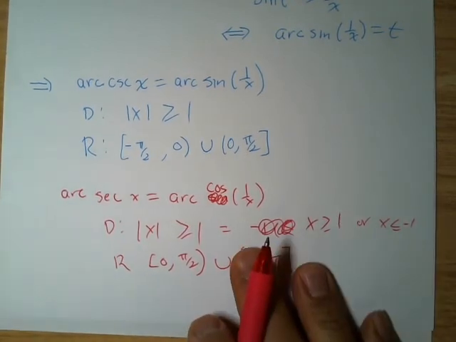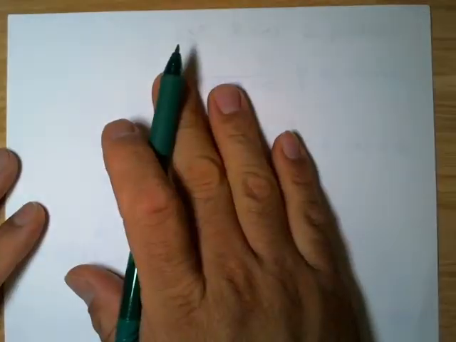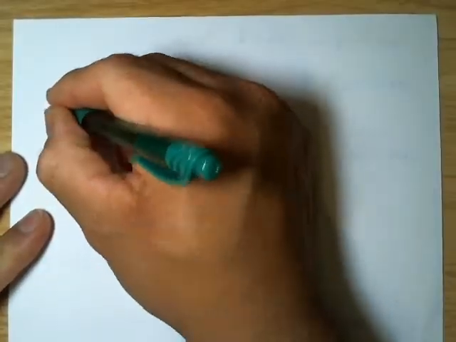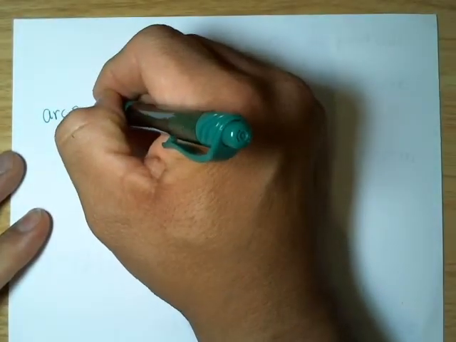All right, so let's look at some examples here. Let's say we're evaluating arc secant of 2.